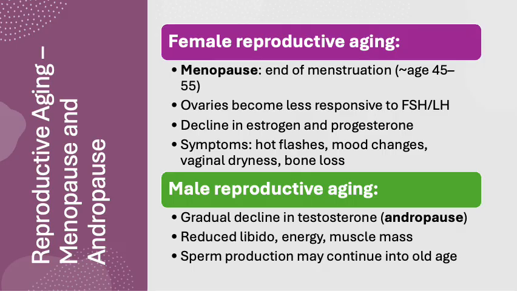This hormonal shift can cause hot flashes, sleep disturbances, mood swings, and increased risk of osteoporosis. In males, reproductive aging is more gradual and sometimes called andropause. Testosterone levels slowly decline, which can affect libido, energy levels, and muscle mass. However, many men retain the ability to produce sperm well into their older years.